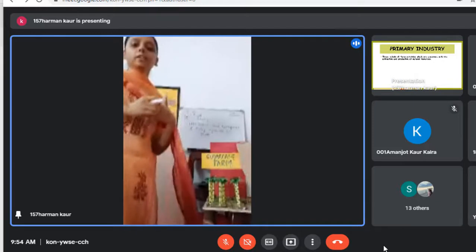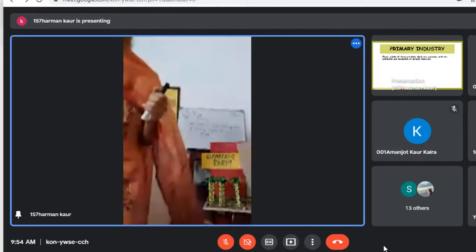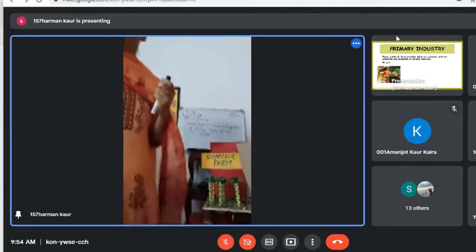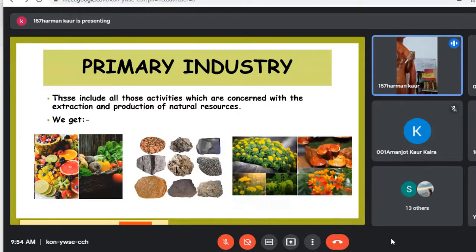Sugarcane is further used in manufacturing of other products also. So in primary industry we get from land fruits and vegetables, minerals and medicinal plants. Medicinal plants are also used to make medicines and they are available in the forest also and we can also produce them.